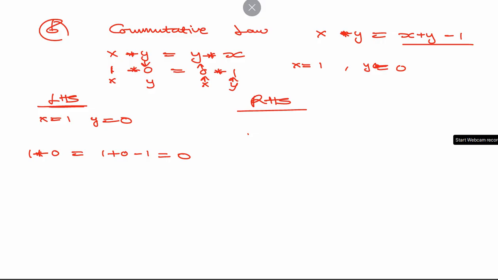So our 0 star x is going to be, where there is x we put 0, and where there is y we put 1 minus 1, which is actually also 0. So as you can see, the left hand side is equal to the right hand side, and in this case the commutative law is also being satisfied.